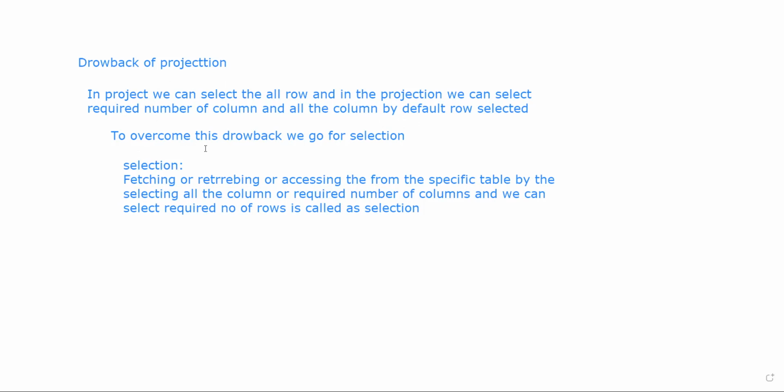To overcome this drawback, we go for selection. The definition of selection: fetching or retrieving or accessing the data from the specific table by selecting all the columns or the required number of columns, and we can select the required number of rows, is called selection. I'm giving you an example.